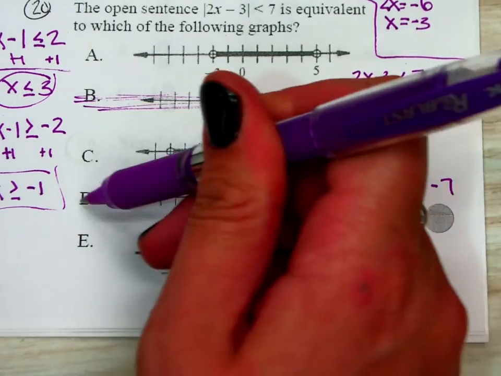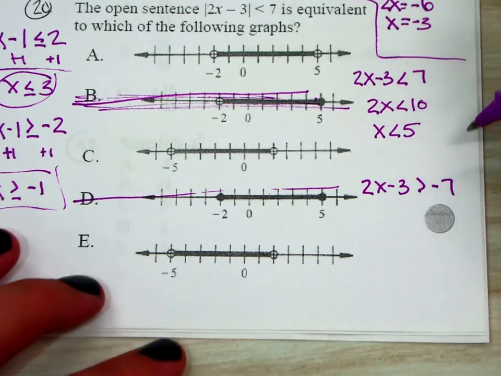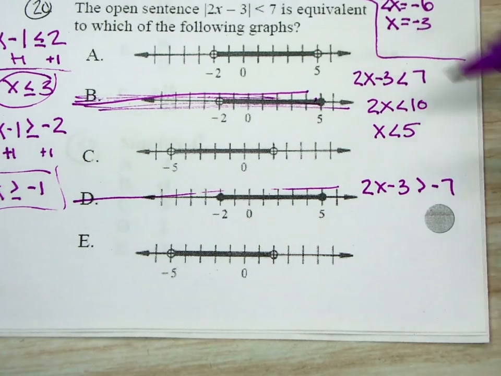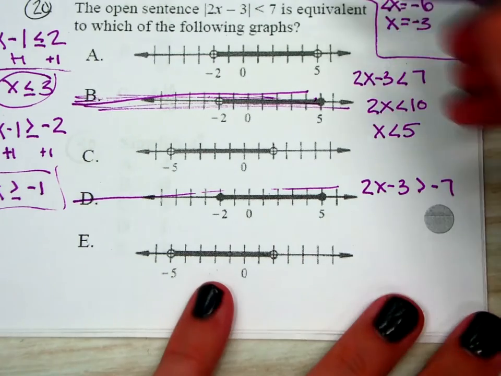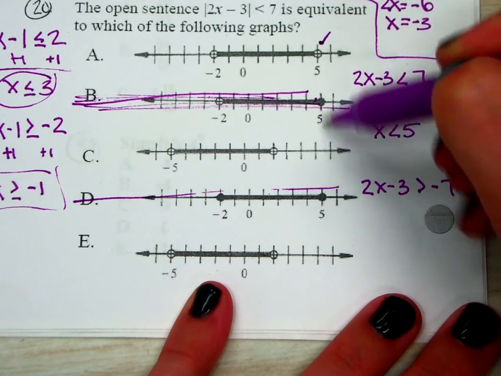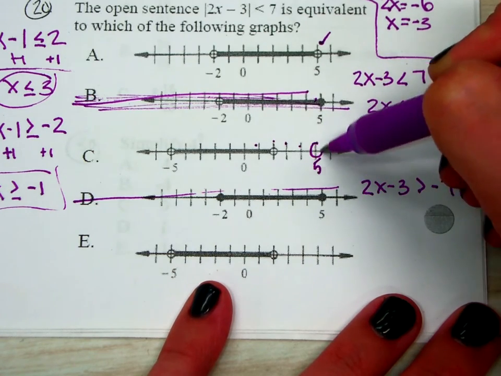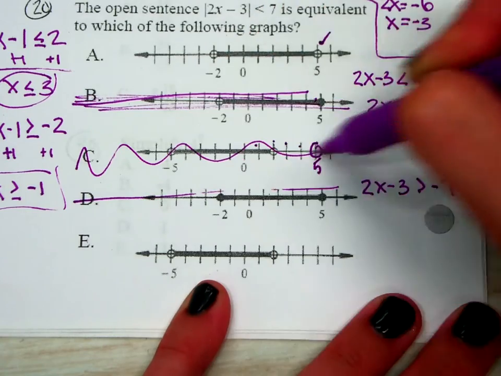Again, closed and closed, so I right here can eliminate, and I have a 33% chance of doing it correctly. But even further from this, I can go ahead and eliminate more answers. I'm looking for x being less than 5, but a circle has to be at 5. So right here, that works. 5, again, 1, 2, 3, 4, 5. 5 is over here. There should be an open circle at 5. C is out.